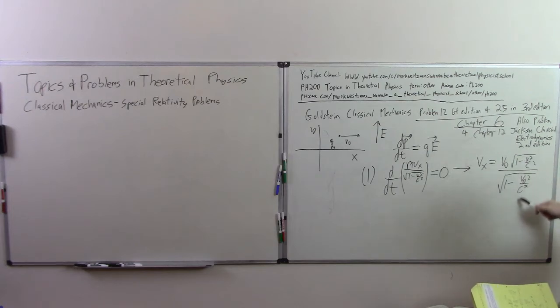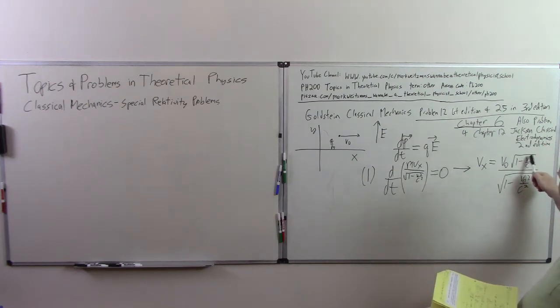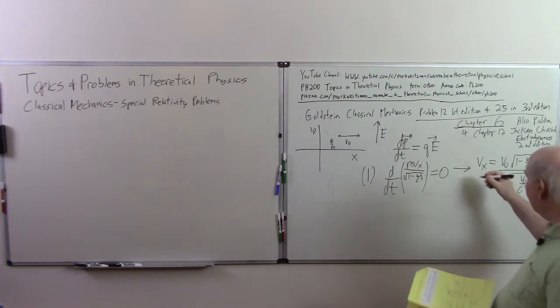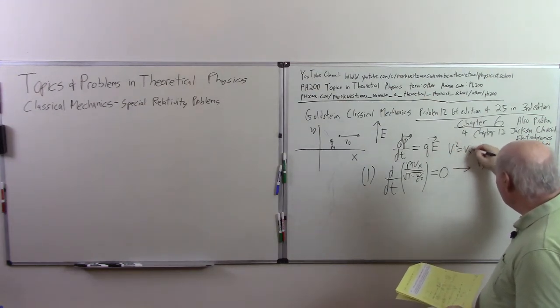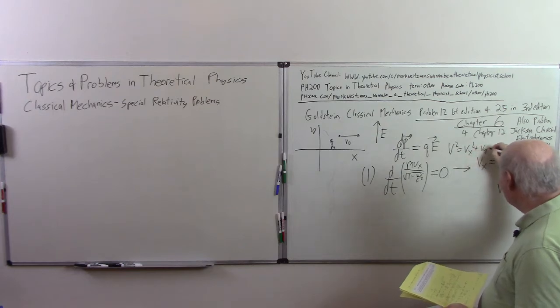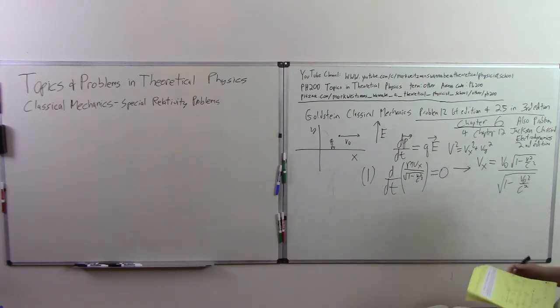So this factor becomes 1 and we get vx equal v0. This is not a solution to our problem because it has v here, and v squared is equal to vx squared plus vy squared. So this is an implicit relationship, but eventually we're going to have to do better.